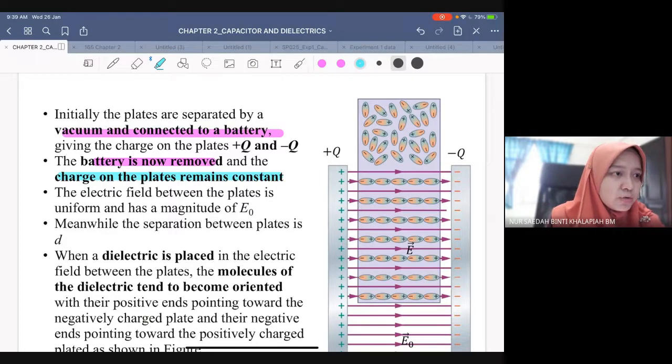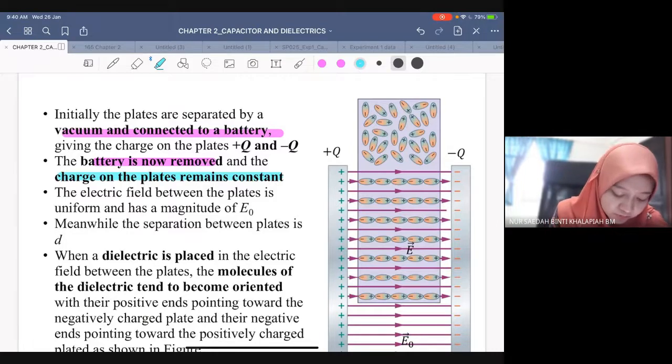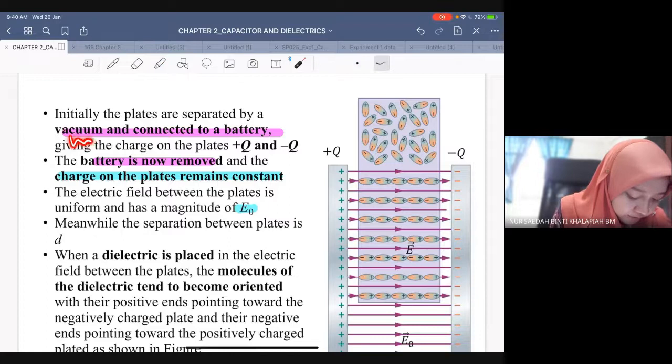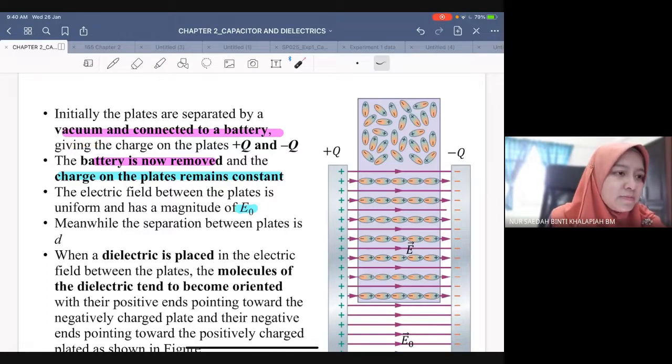Okay, so the electric field between the plates is uniform and has a magnitude of E naught. Charge ada, so ada electric field. The value of electric field initially dalam keadaan capacitor kita kosong adalah E naught sebab tak ada apa-apa. So naught dekat situ menunjukkan electric field for the empty capacitor, ataupun dia adalah vacuum capacitor.